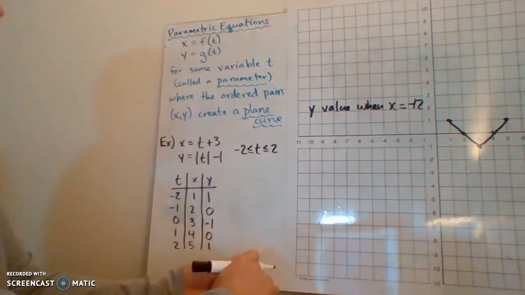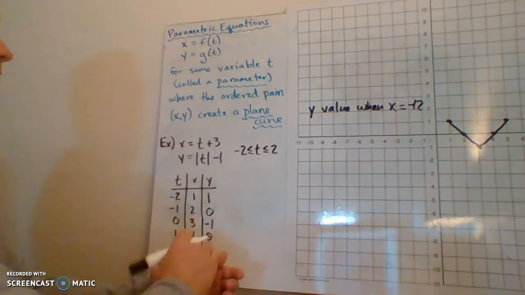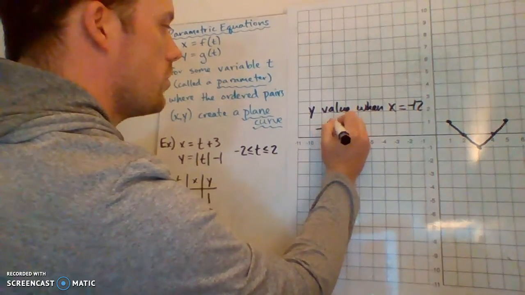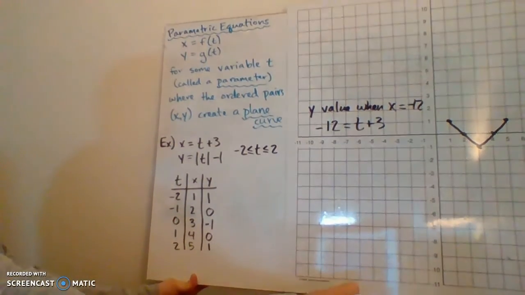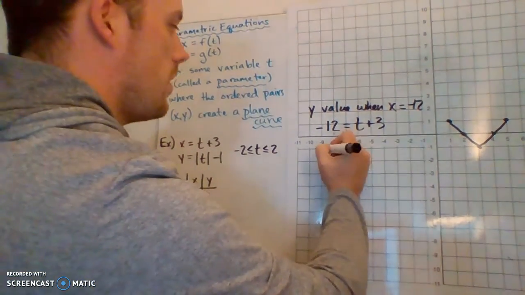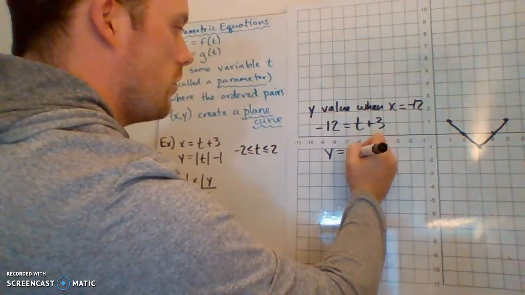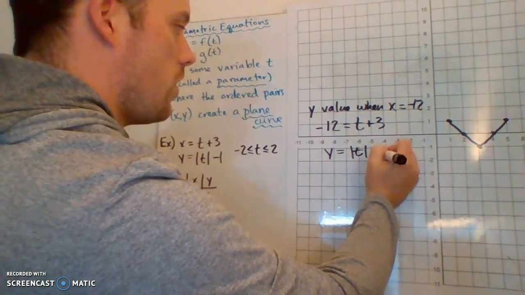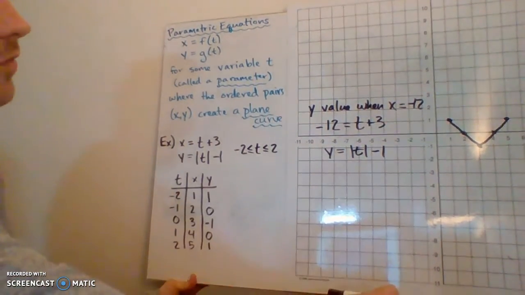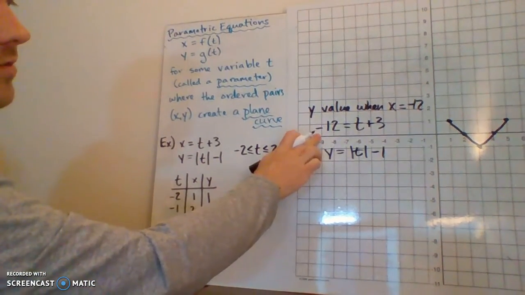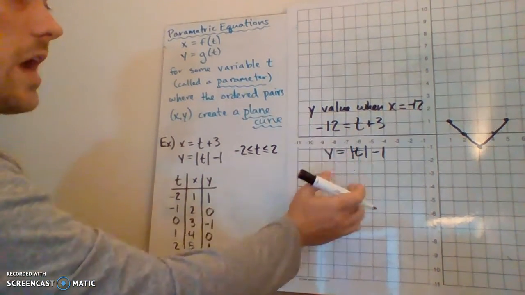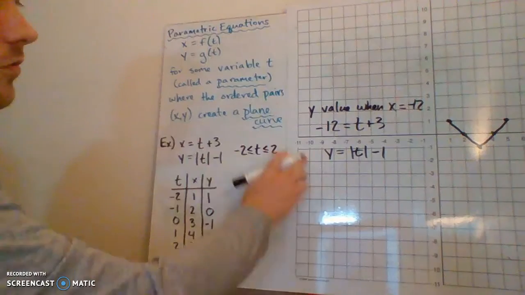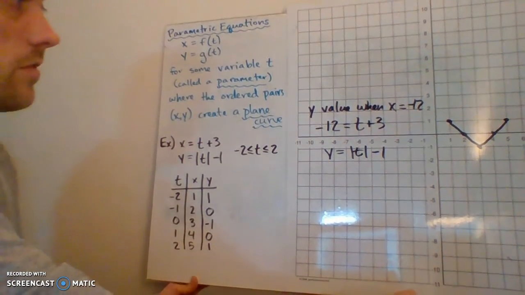So I'm just going to take what's given, that -12 for x, and substitute it for x in that first equation. Okay, so now I've got -12 equals t plus 3. I also have y equals absolute value of t minus 1. That hasn't changed. So now I'm down to two variables, and I notice in my first equation, I only have one variable. I just have a t. So I can take that equation and solve for t, and then substitute that value in my second equation to find the y value that we're being asked.